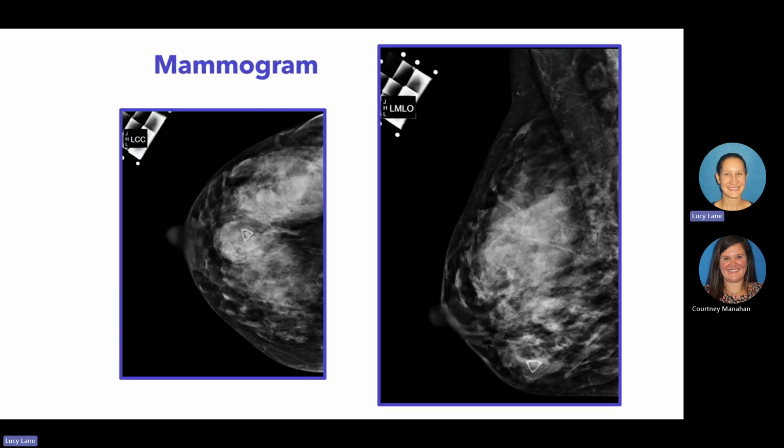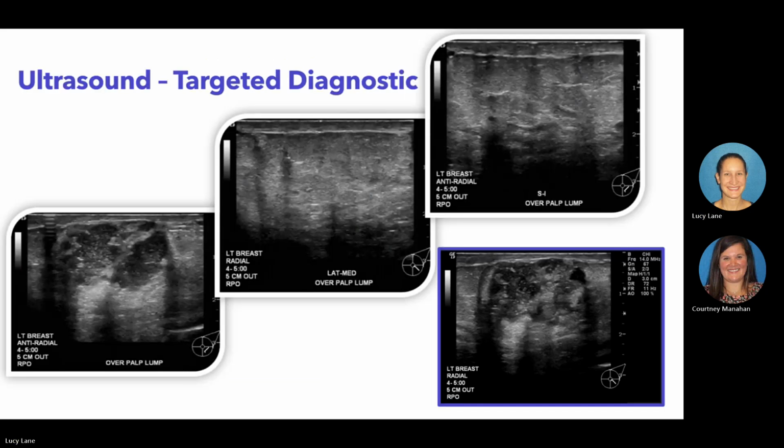Here's another mammogram of, you see, this is a palpable concern. It has the triangular marker there. And we can see that that's in the lower, mid, central left breast. And here we go.